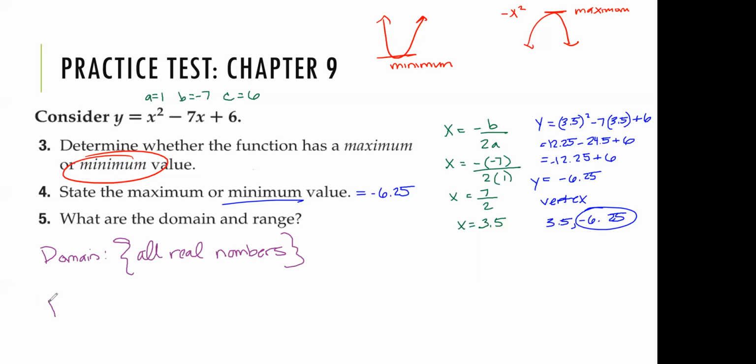And then my range, remember, those are my y values, okay? So y, my lowest point, is negative 6 and 25 hundredths. So all of my y values have to be higher or greater than negative 6 and 25 hundredths. So they have to be greater than or equal to negative 6 and 25 hundredths. Okay? So that's my domain and my range.